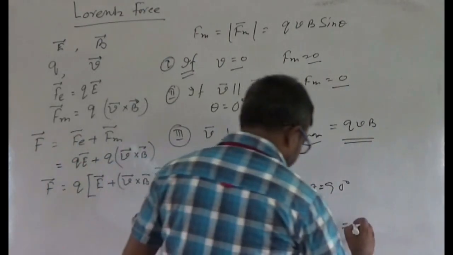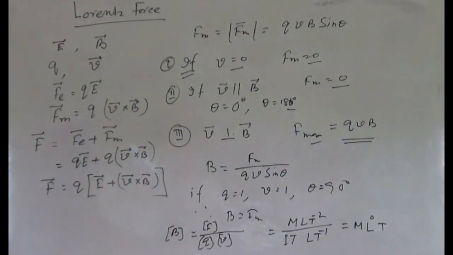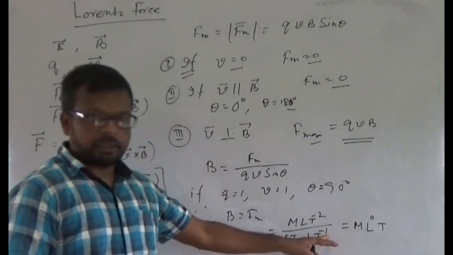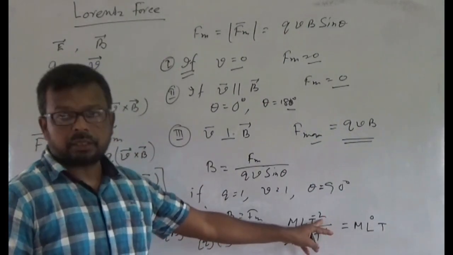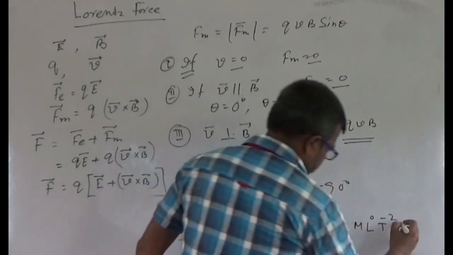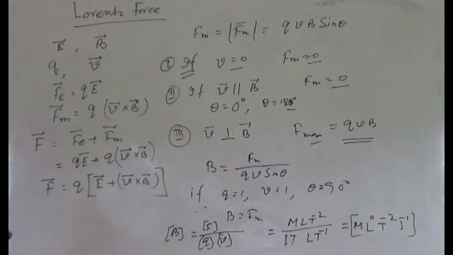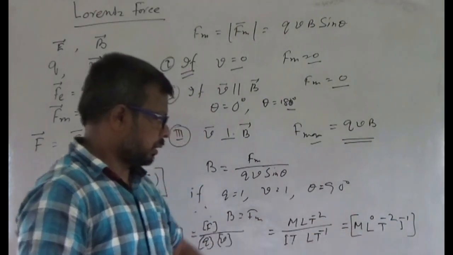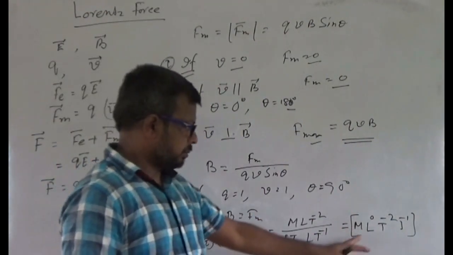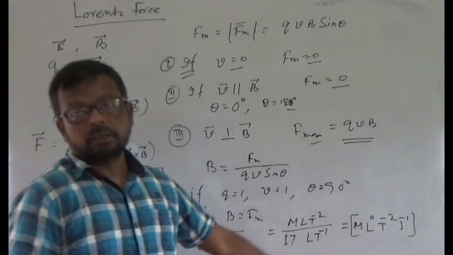That means you can write M L to the power 0, T to the power minus 2 divided by T, that is T to the power minus 2, and I to the power minus 1. This is the dimension of the magnetic field or magnetic induction. And from here you can also give the SI unit: kg second to the power minus 2 ampere to the power minus 1, which is Tesla.